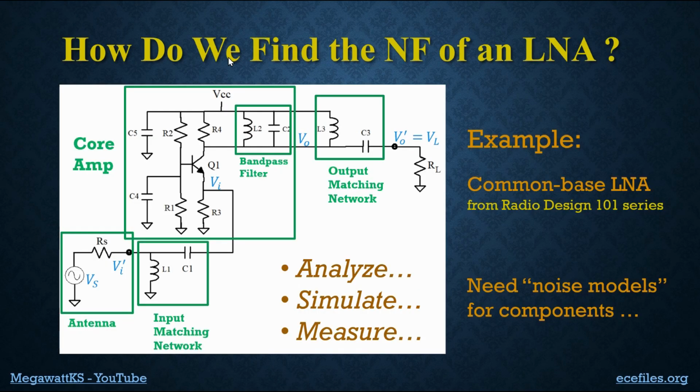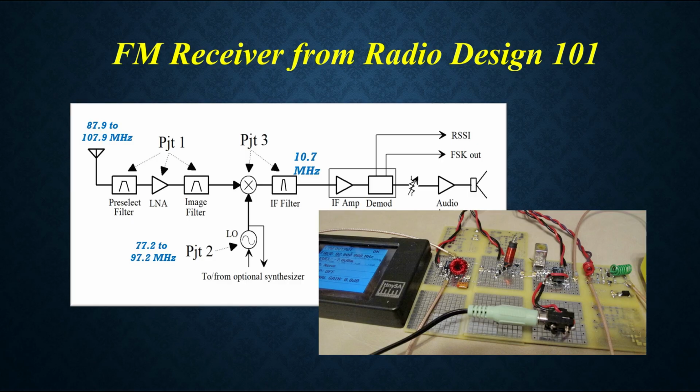All right, let's dive deep into circuits. How do we find the noise figure of an LNA given, for example, the schematic diagram? Here's an example. This is a simple common base tuned RF amplifier that I'm calling an LNA. We'll see how low the low is. And this is from our Radio Design 101 series.